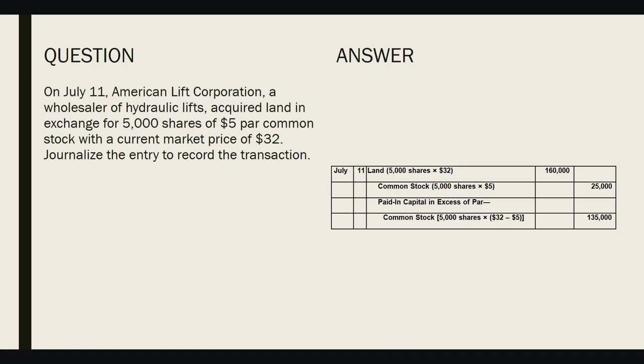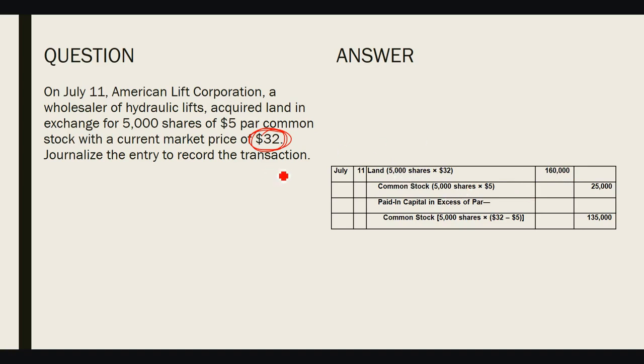Now what we need to be mindful of is that when the asset that we're receiving does not have the fair market value listed, the asset that we're receiving will assume the current market price of the shares. But if the land had been appraised at, I don't know, $200,000, well then it would be listed at $200,000 and probably would have had less shares going out.